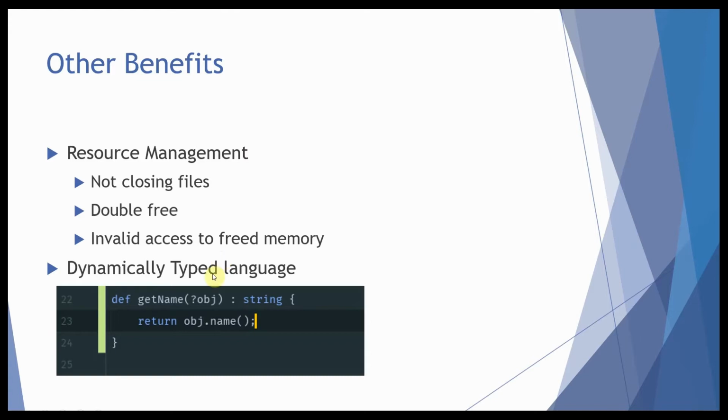So in this case, we can say, I don't care what type it is, so you use the question mark, and you just give it a variable name, and you pass whatever you want into that function. If it's an object and it has the function called name, then that gets called. If it doesn't, then you'll get an exception saying that this isn't an object, obviously. That provides even more benefits in my language, so you're not bogged down worrying about having to remember what type it is.